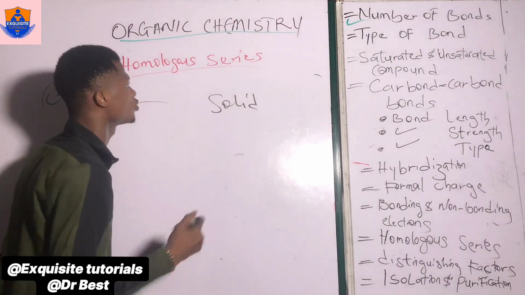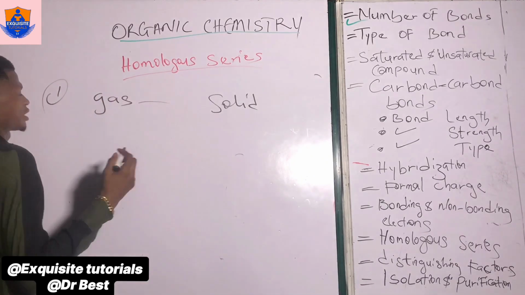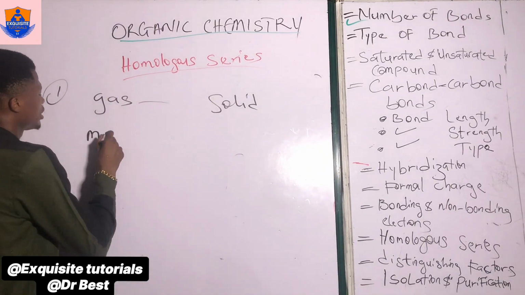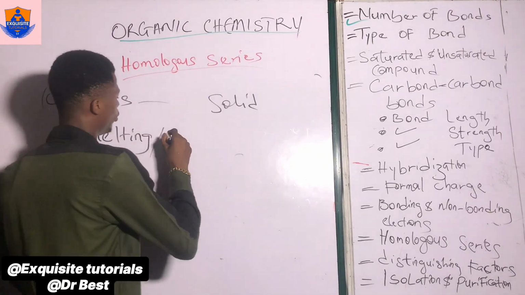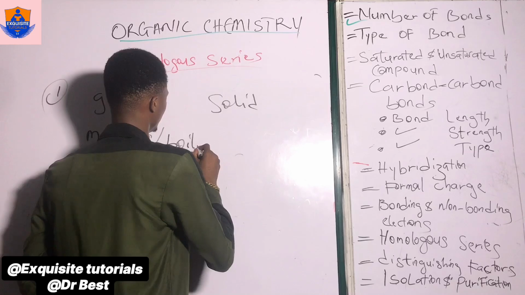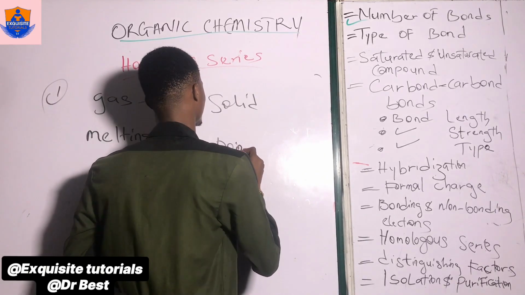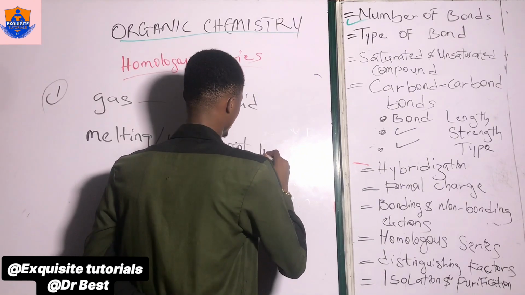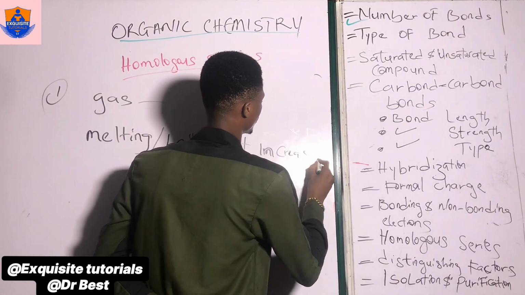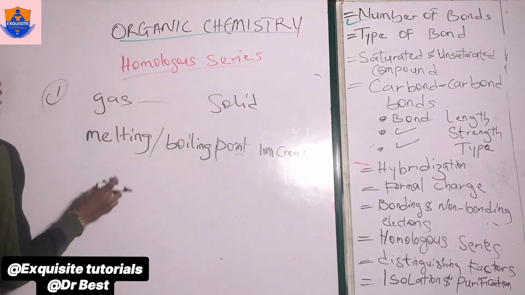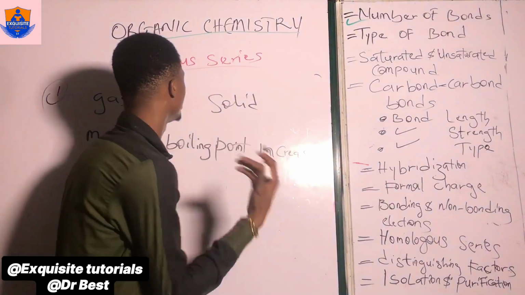One more thing you need to understand is that going down a particular homologous series, melting point and boiling point increase.